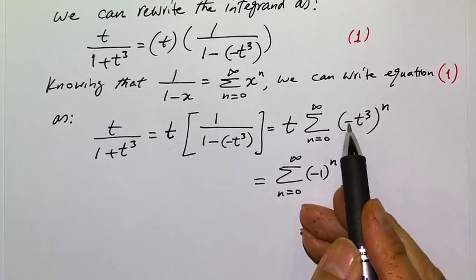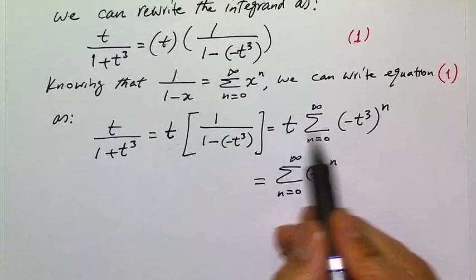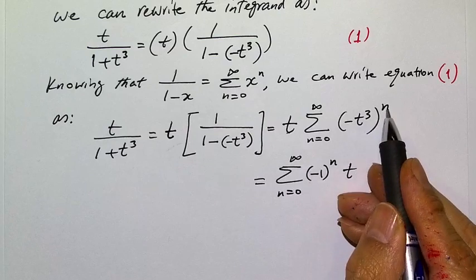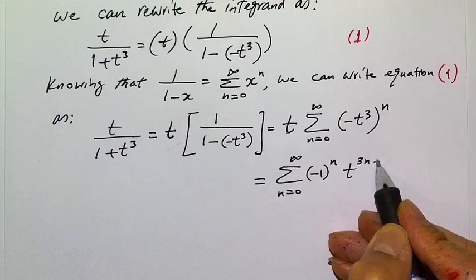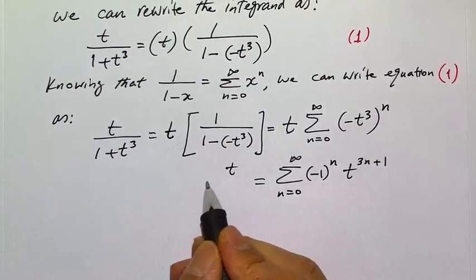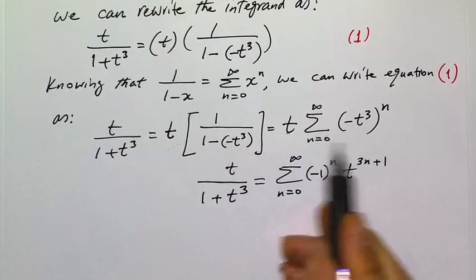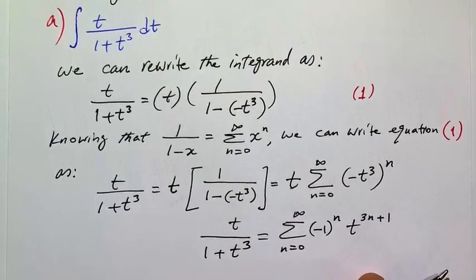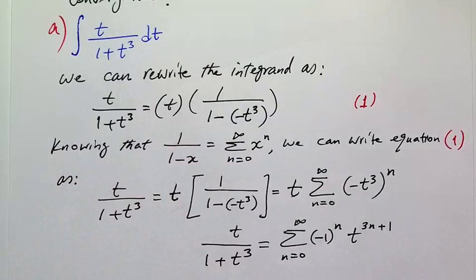To the n power, that's this minus 1 to the n power. And then distribute this t into that, we get, this is 3n plus 1. So this is just the integrand, not the integral, right? This is a power series representation of what's inside the integral, the integrand, as we call it, right?